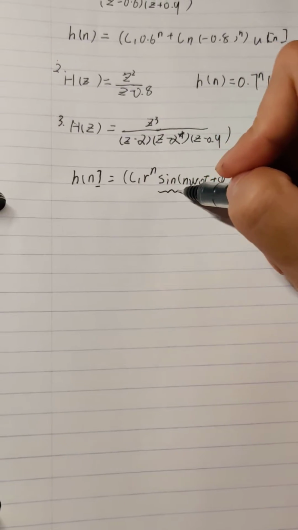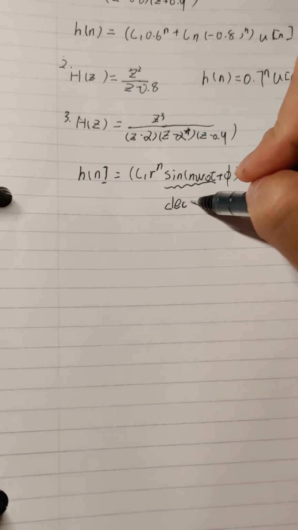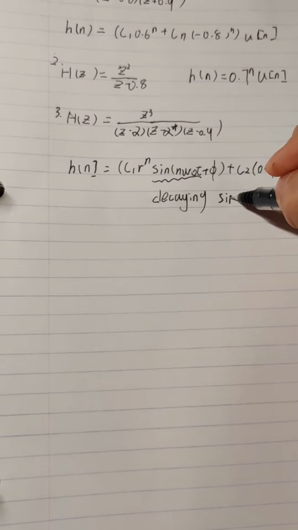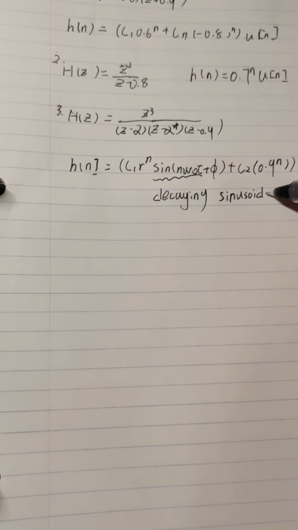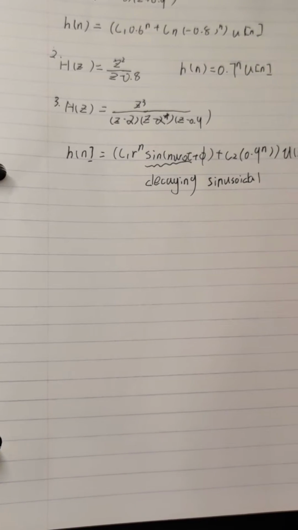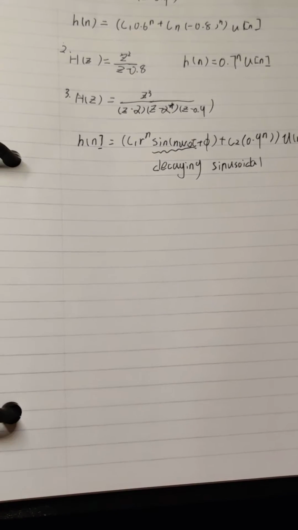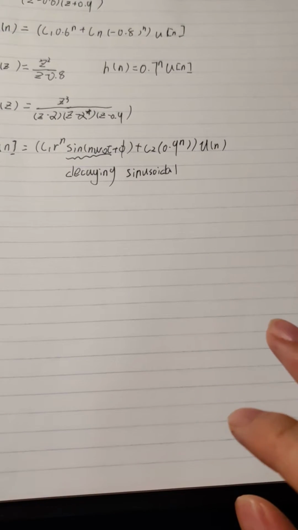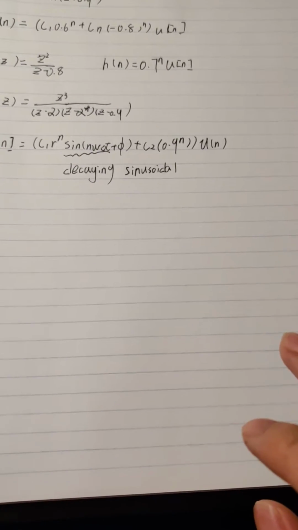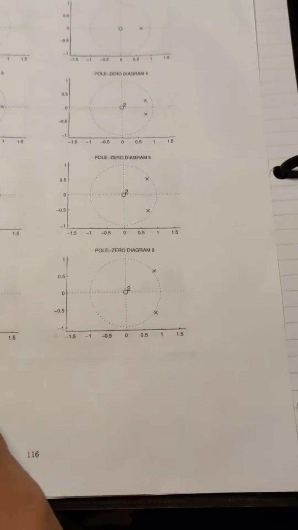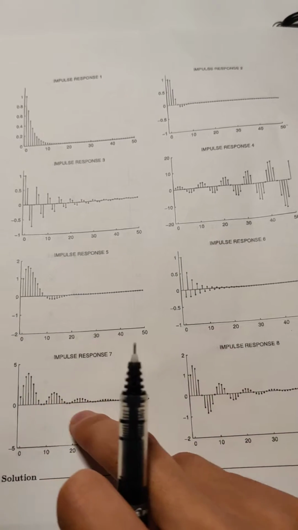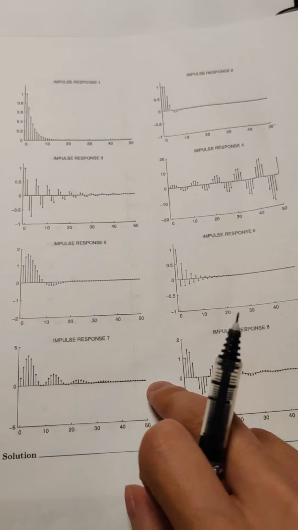From this response, we can say that it will be decaying sinusoidal. So the monotonic decay term moves the decaying oscillation term away from the center. Only impulse response number 7 matches these rules: it moves from the center, and it is also decaying.